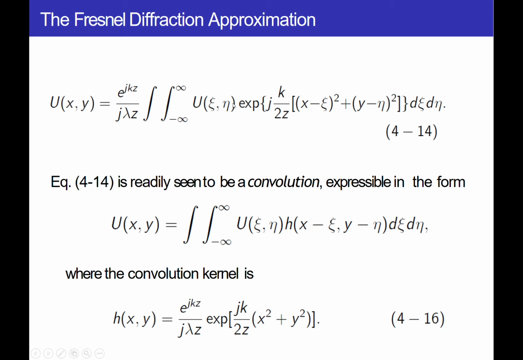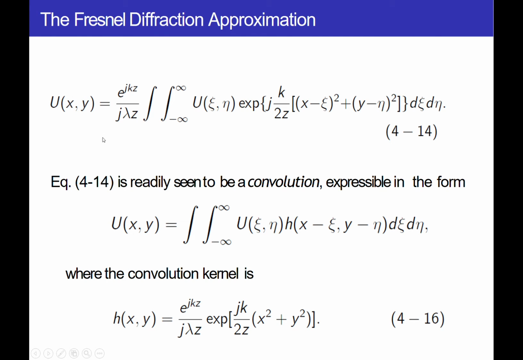Note that U of xi, eta is the scalar field at the aperture. Then we have this quadratic phase, and we integrate over the xi-eta plane. After integration, xi and eta are all gone, and we have only a function over x and y. That is the scalar field at our observation point P0, whose coordinate is in x and y.